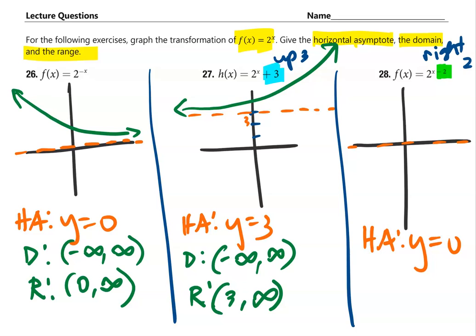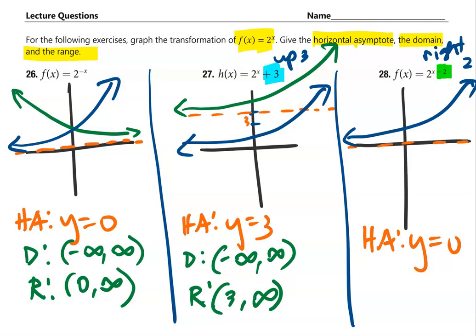You just move your 2 raised to x to the right 2. Sorry, I forgot to show you the graph of 2 raised to x. So 2 raised to x is this, the blue one. The green is the new graph, h of x, for number 28, to the right 2. So we just move this to the right 2.